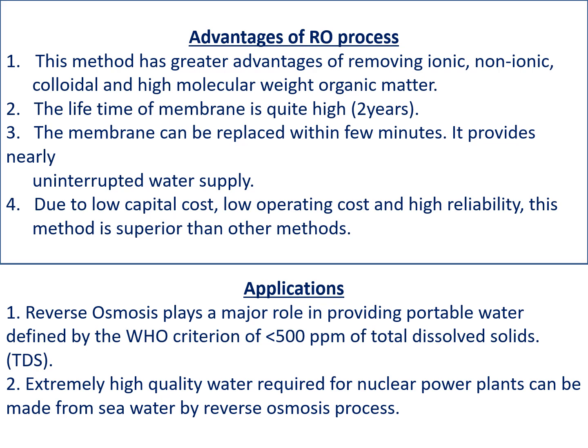That means less than 500 ppm dissolved salts and less than 300 ppm hardness-causing salts. This is extensively used for power plants and different industrial purposes. So this is the reverse osmosis process. We can separate the salt from the seawater.